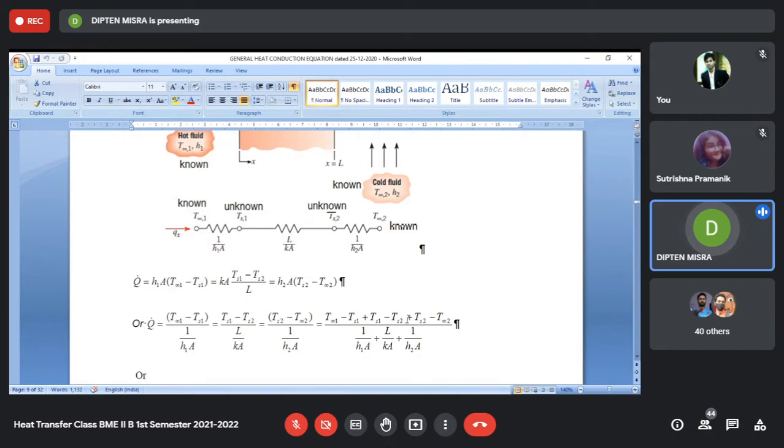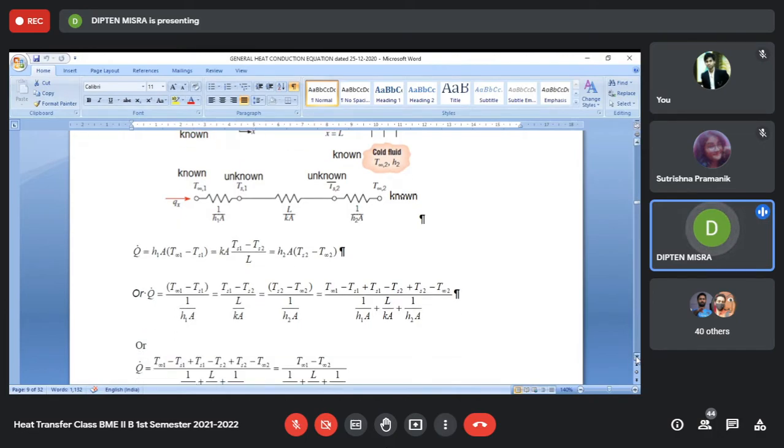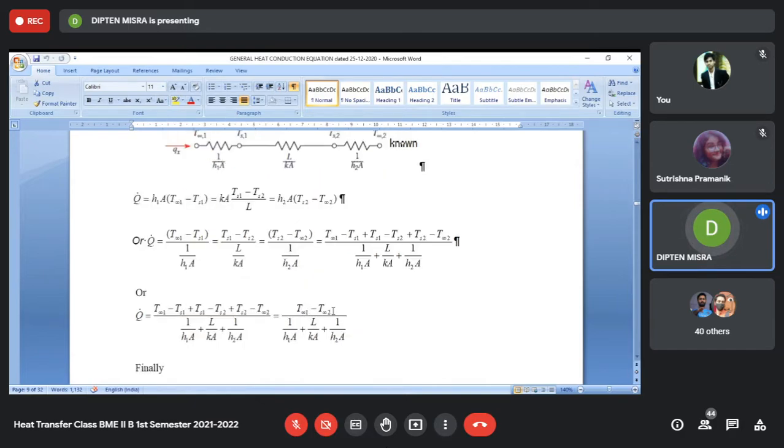So it becomes the overall temperature difference between the hot fluid and the cold fluid, the overall temperature difference between the hot fluid free stream temperature and the cold fluid free stream temperature, whose magnitudes are known, divided by the total resistance on the path of this overall heat flow, given by the convective resistance on the left hand side, the conductive resistance of the wall in the middle, and the convective resistance offered by the other side of the fluid.